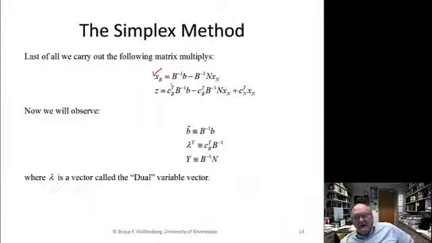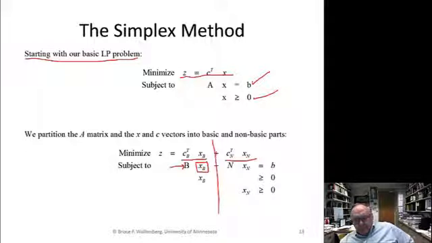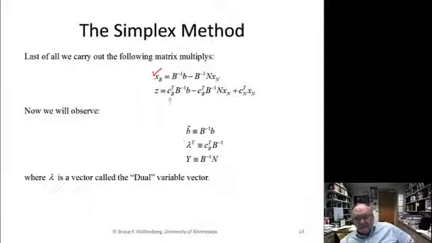xb is b inverse times the right hand side minus b inverse n times xn. And then I'm going to take the expression for this and I'm going to put it back up into the expression for the cost here, and I get this expression over here.